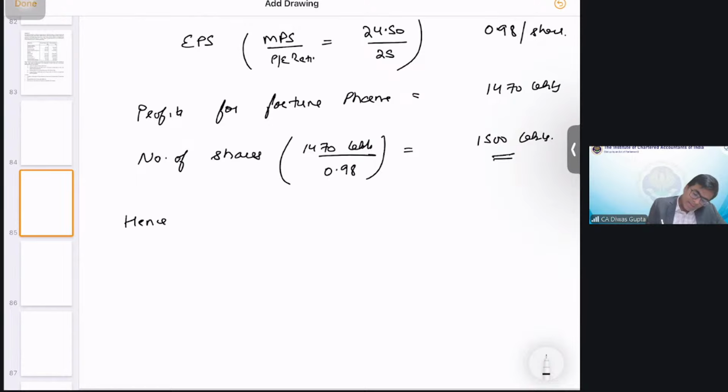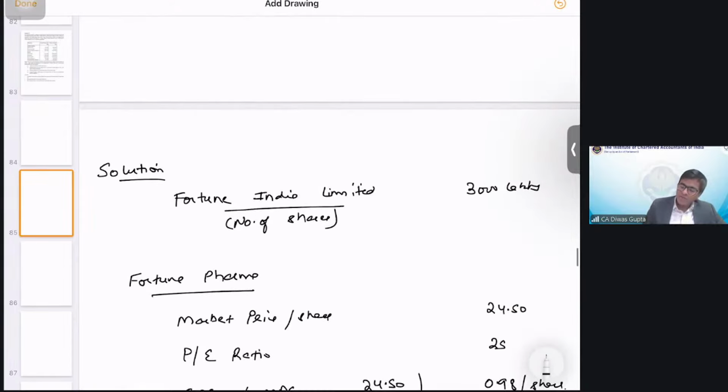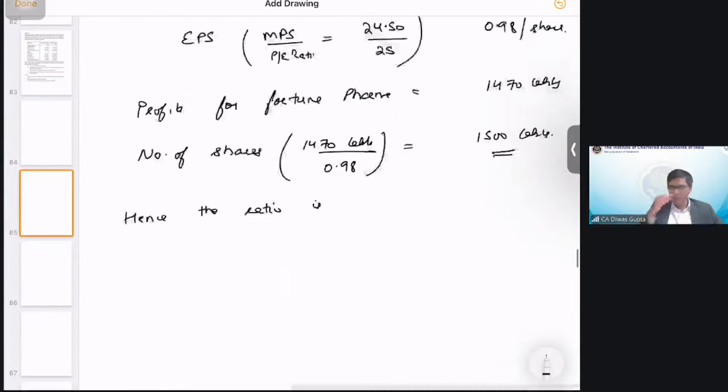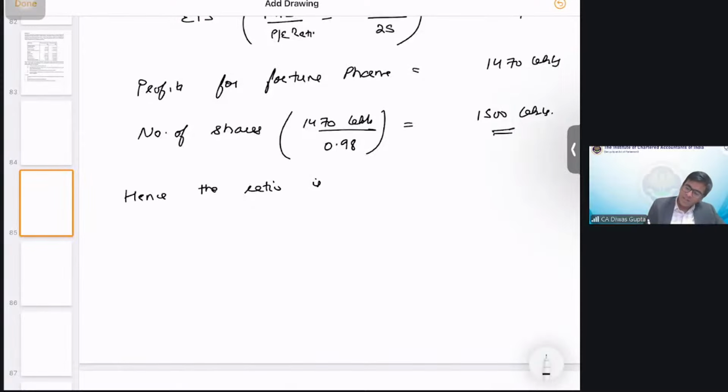Hence, the ratio is 1500 lakh shares for 3000 lakh shares, right? So 0.5 is to 1. Hence, the ratio is 0.5 is to 1, which is calculated as 1500 lakhs divided by 3000 lakhs.